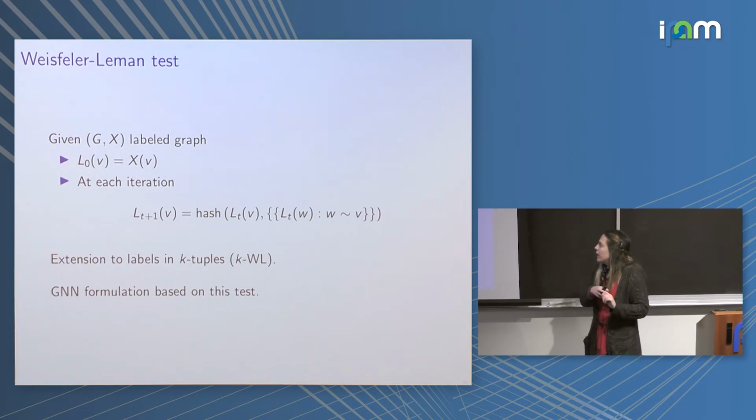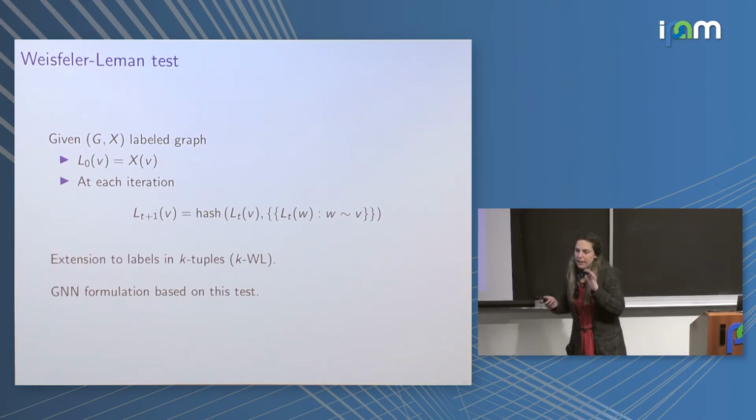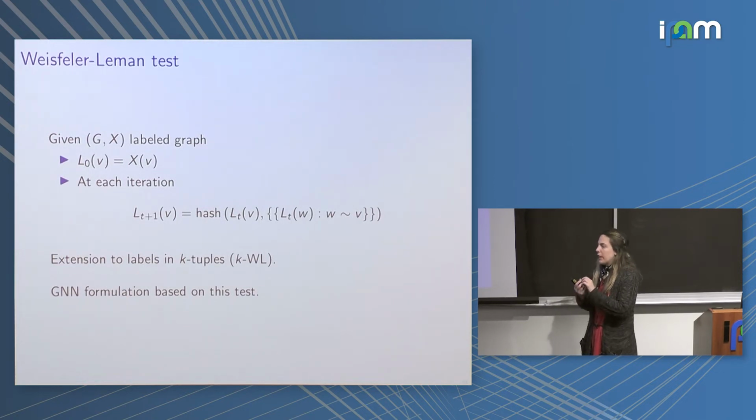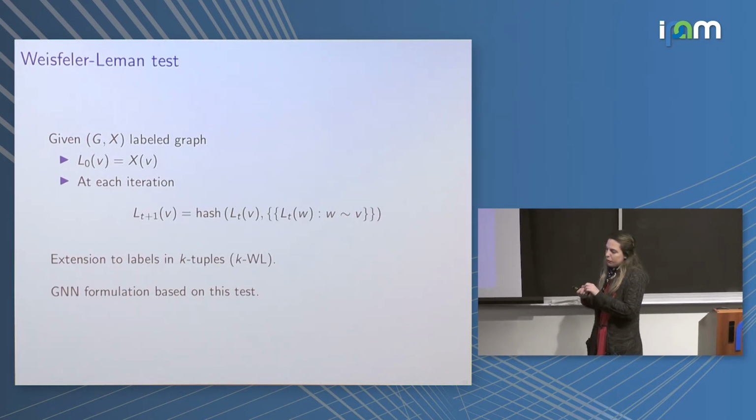So the idea for this Weisfeiler-Lehman test is you start by assigning one color, one label, to every node of your graph, and then at each iteration, your label is going to be a hash of your previous label and the labels of your neighbors, and that's basically what this thing is doing. You need to start with some label, and then you're distinguishing between labeled graphs.